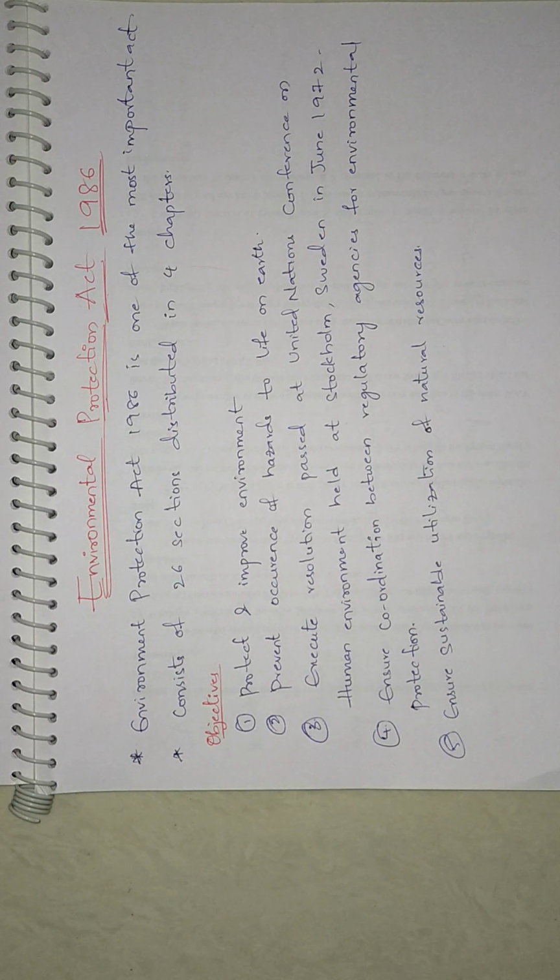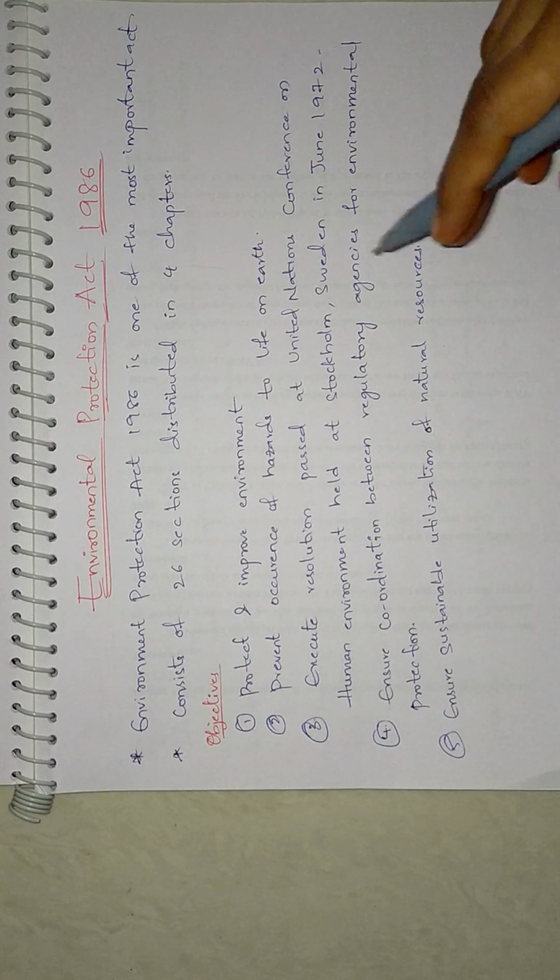Now first let's see objectives. The main objectives of this Environmental Protection Act are: first, protect and improve the environment and prevent the occurrence of hazards to life on the earth; execute the resolutions passed at the United Nations Conference on the Human Environment held at Stockholm, Sweden in June 1972; ensure coordination between the regulatory agencies for environmental protection; ensure sustainable utilization of natural resources.